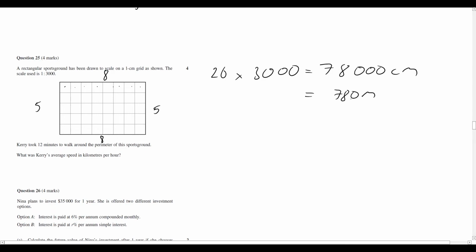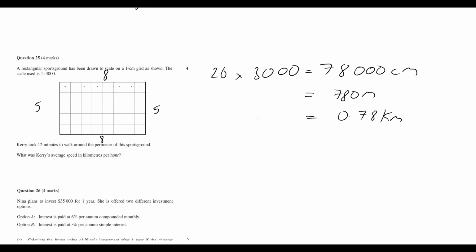And how many meters are in a kilometer? There's 1,000, so now we divide this by 1,000, and then we'll write this as 0.78 kilometers. Okay, so that's the total distance, and it took 12 minutes to go 0.78 kilometers.